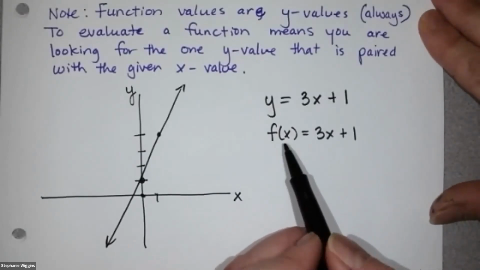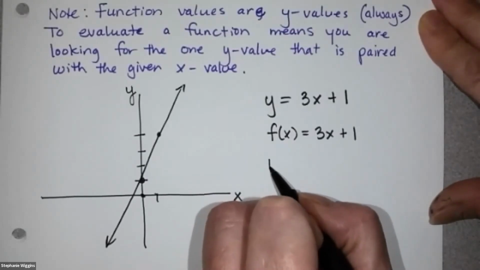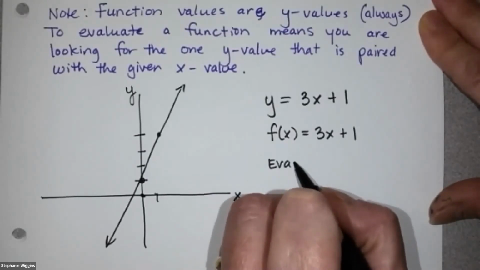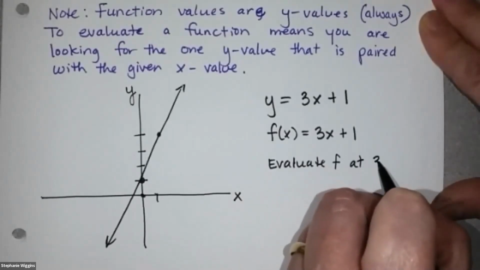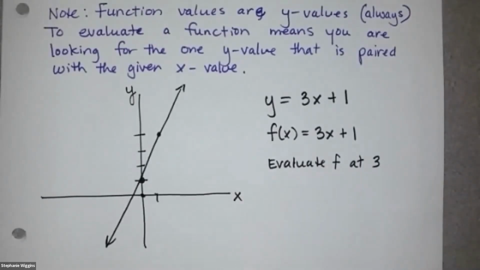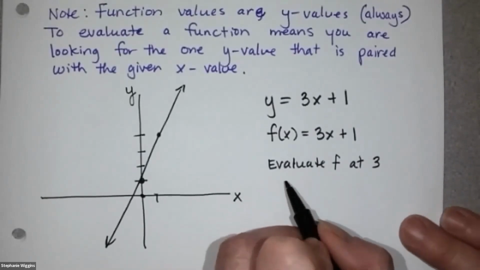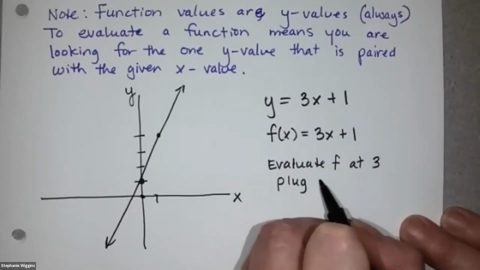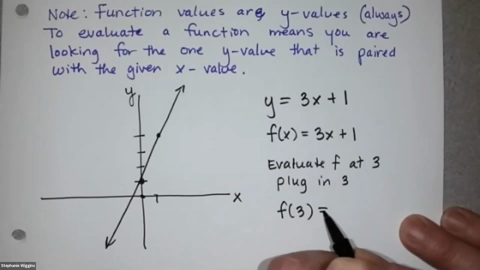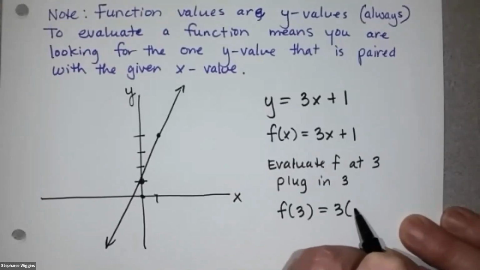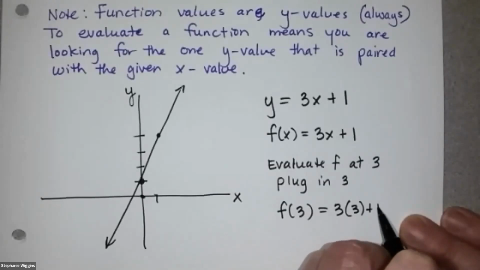So if I want to evaluate f at 3, I plug in 3. So f of 3 equals 3 times 3 plus 1.